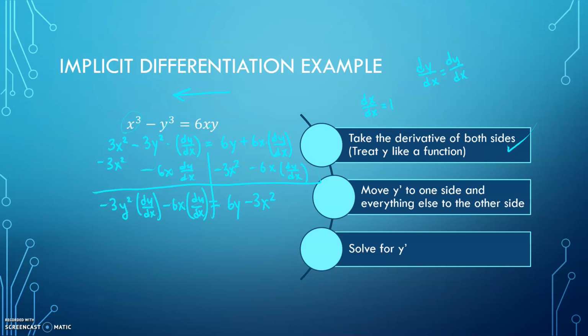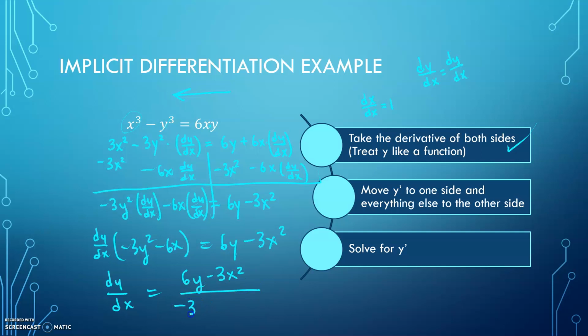Okay. Now we are going to solve for that dy/dx, which means first we're going to factor it out on the left side, and then divide to get dy/dx by itself. I want to point out that I made the decision way up here to move my dy/dx terms over to the left side of the equal sign.